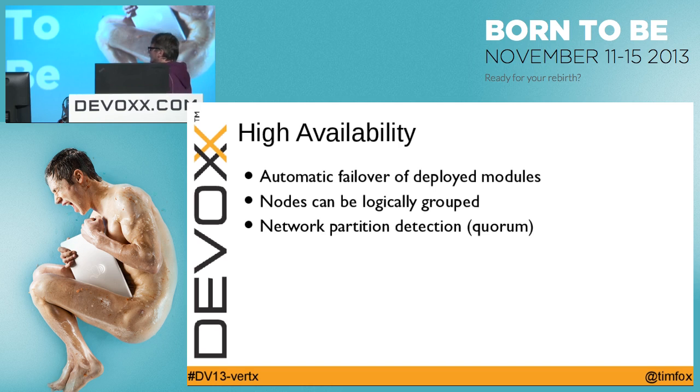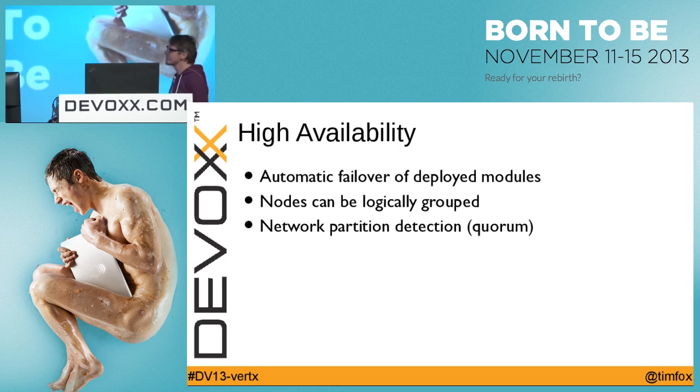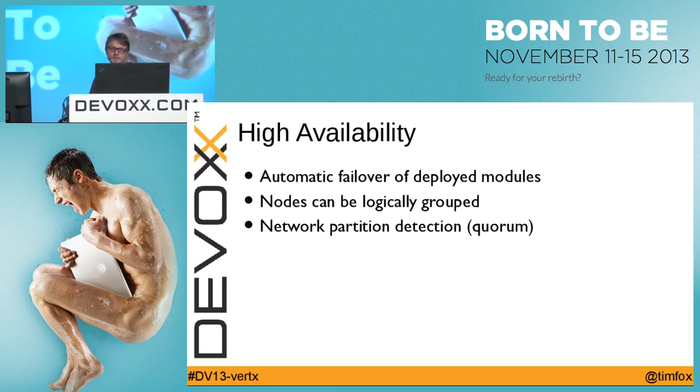And we have network partition detection using quorum. I'm sure most of you who've configured HA before will know the principles of a quorum. I won't go into it now. It's a very well-known principle in distributed systems, and you can Google it if you want. But I will show you an HA demo.